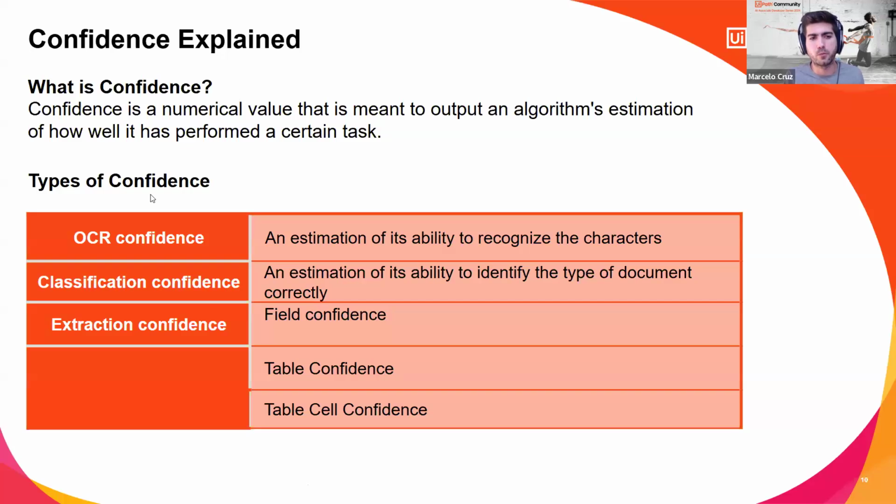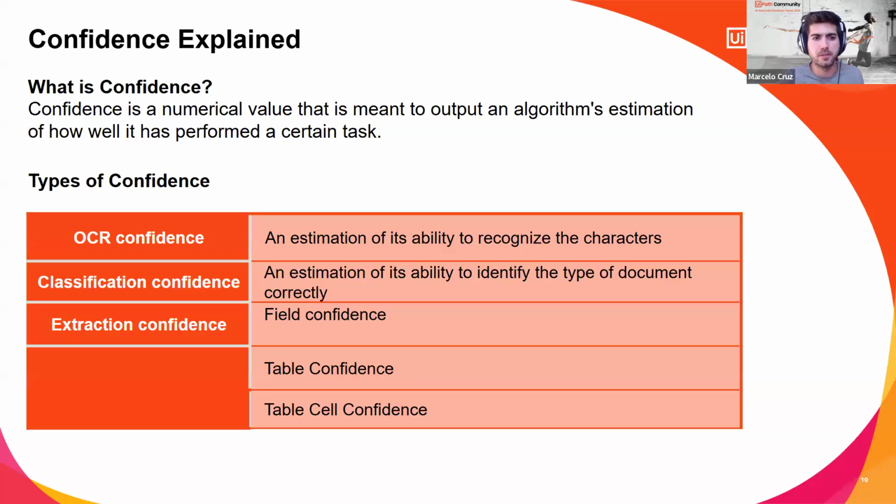And so we can play with the confidence to set thresholds. So what is the minimum confidence that we have for a classification, for the extraction, and also we can have different confidence for different classifiers. So for example, for the intelligent keyword classifier, we can have a specific confidence number, a minimal confidence level.